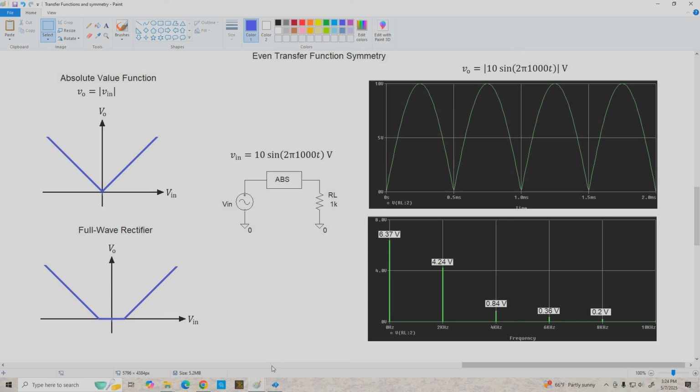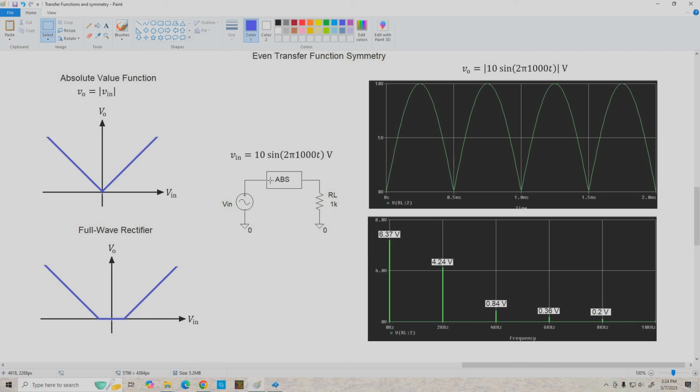About the only thing I can come up with that has this characteristic is the absolute value function, or a full wave rectifier, which is very closely related. Now, the transfer function for the absolute value is shown here, and as you can see, it does have even symmetry, as does the full wave rectifier, although it has this little dead band down here as well.